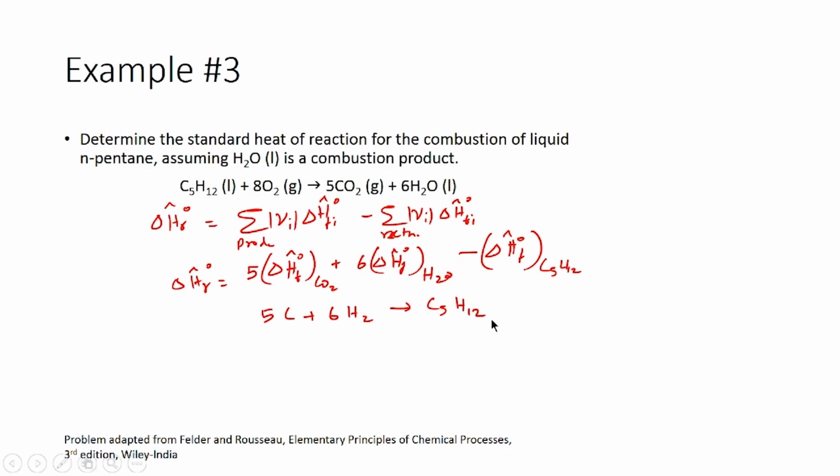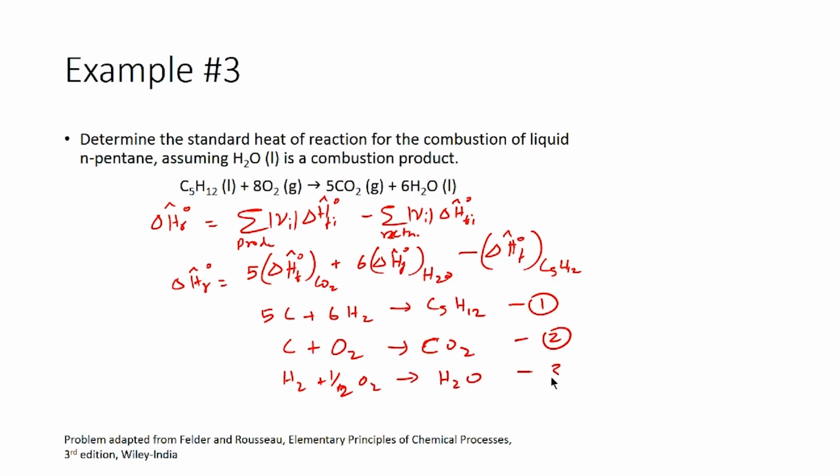So, this is a simple formation reaction for n-pentane. For carbon dioxide it would be C plus O2 gives CO2, and for water it would be H2 plus half O2 gives H2O. Let us call these reactions 1, 2 and 3, and we will have to see if we can get the reaction of interest from these 3 equations and what operations we would have to do.